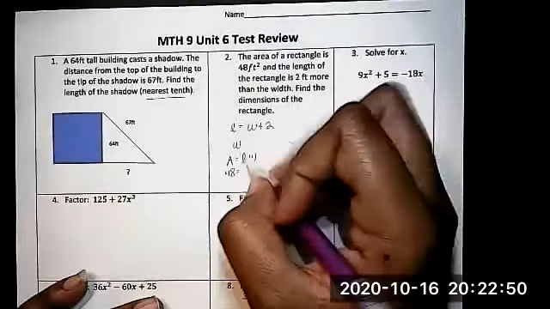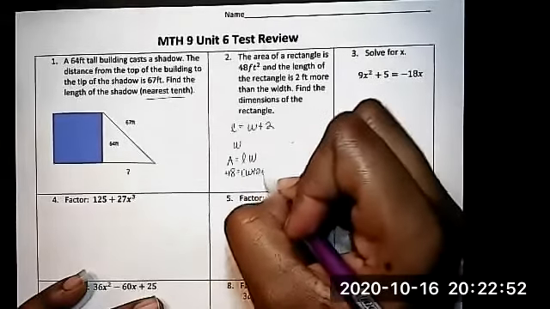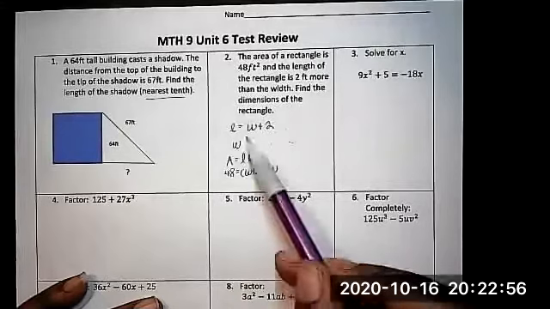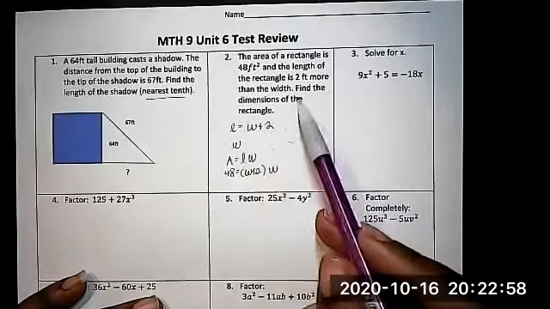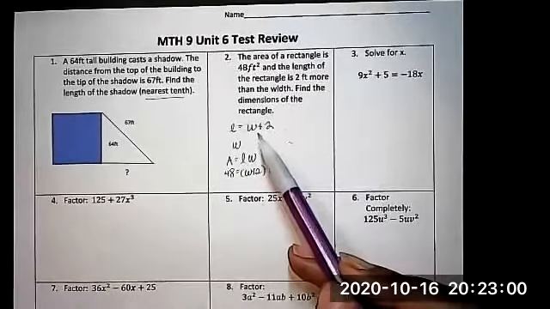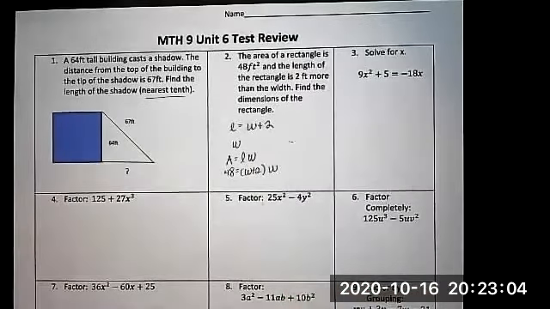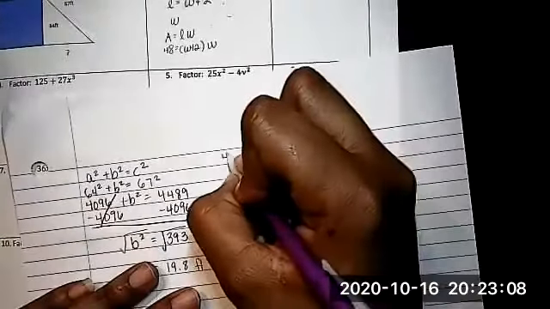The length is going to be w plus 2, and our width is just w, okay? We know that our length is 2 more feet than the width, and the width, we don't really know it either. So we have that situation, and I'm going to put this on another sheet of paper, just so we have room.